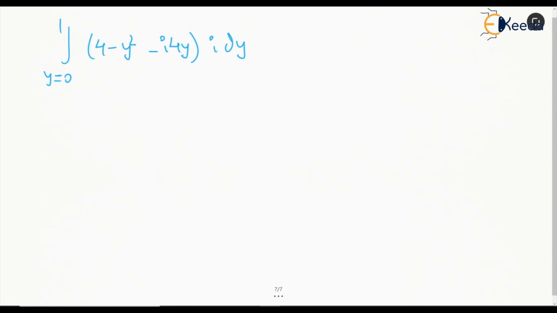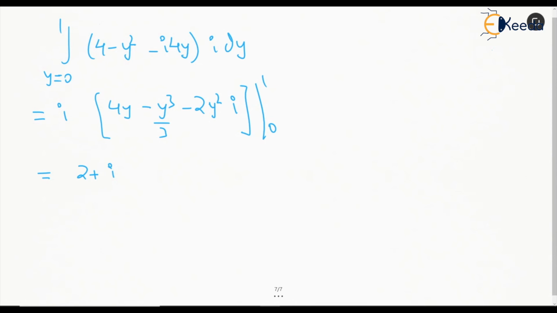Of course this i can be taken outside also, so this will become i times the integration, for 4 it is 4y minus y cube by 3 and minus 2y square for the imaginary part with the limit 0 to 1. This is nothing but 2 plus 11 by 3 i. So this is for C2.